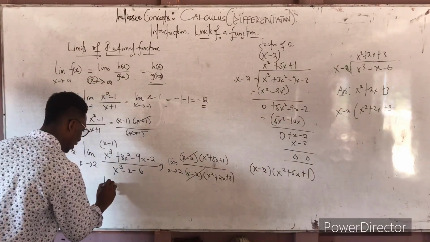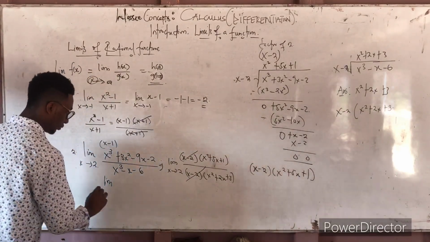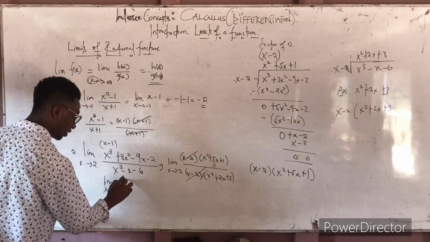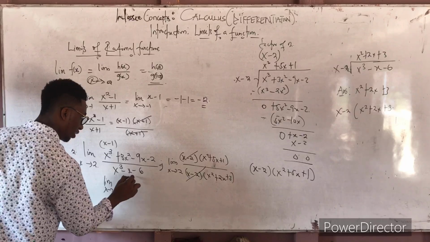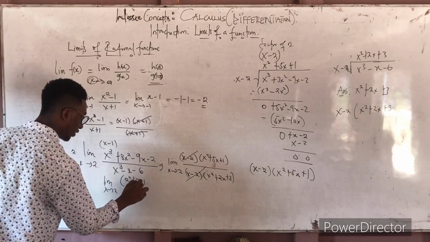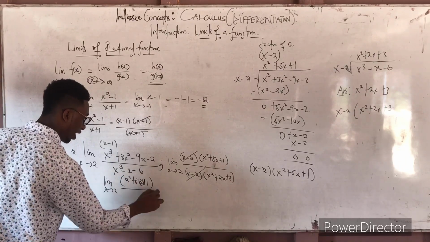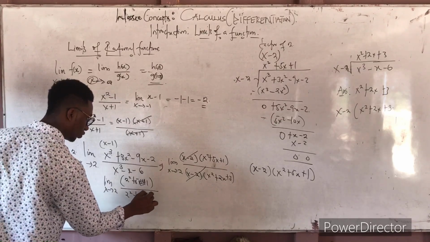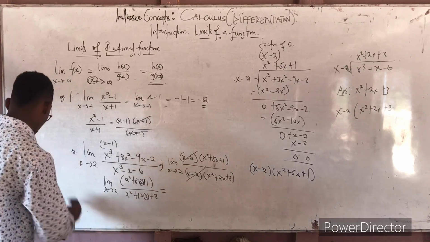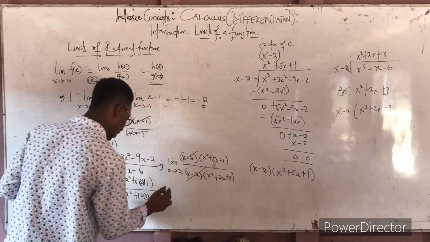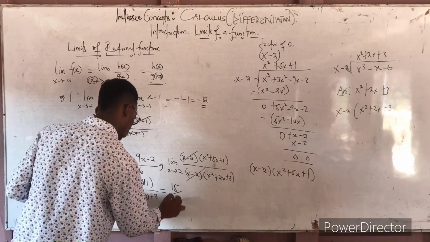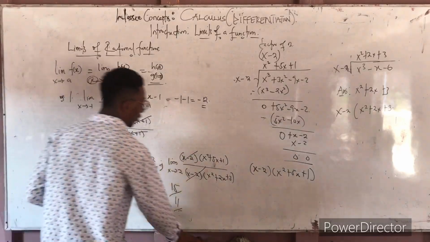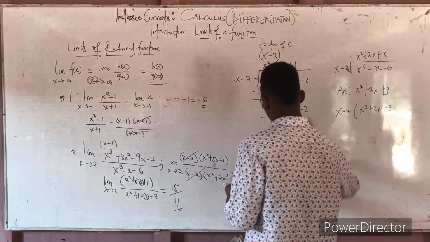And when you put the limit inside, as x approaches 2, then it becomes 2 squared plus 5 times 2 plus 1, all divided by 2 squared plus 2 times 2 plus 3. And when you do this calculation, you'll be getting 15 on 11. Okay. Now let's move on to the other one.